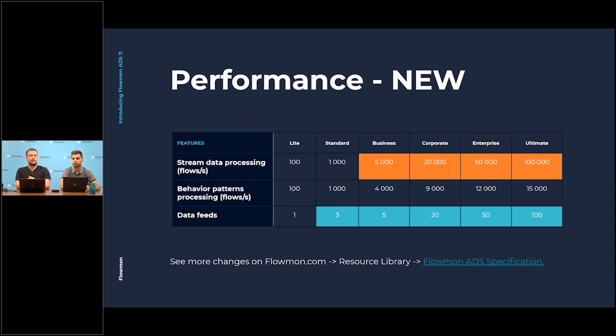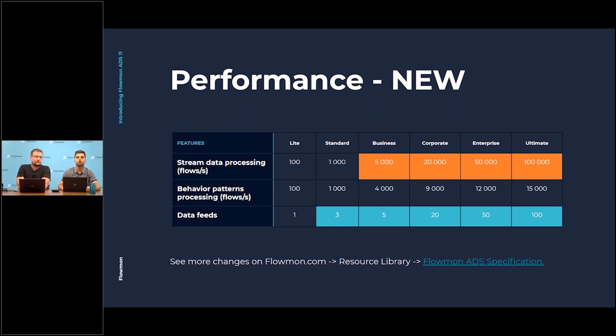Yeah, it's not exactly that how many flow sources you have, that many data feeds you need, but it's basically used for segmenting, or to get the data from some segments of the network and have some different kind of detections over that part of the network, for example.